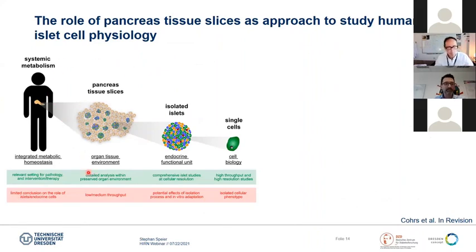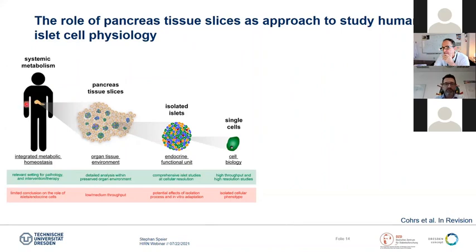Of course, the gap to the systemic metabolism is far bigger than the gap going to the isolated islets, but we think that this is a technology that goes the next step. From a physiological and morphological point of view, we're going a step closer towards the systemic environment and to learn about pancreas physiology within the human body.